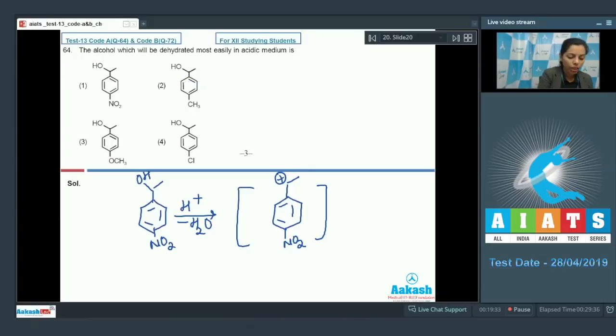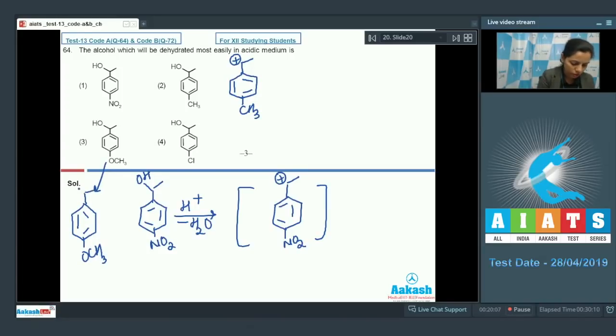While if I talk about the carbocation formed in this case, let's check what type of carbocation is formed here. A similar one. This is the carbocation and it is stabilized. Further, if I talk about this species, here would be the formation of carbocation that I'm just drawing here. This way, methoxy group is present here.